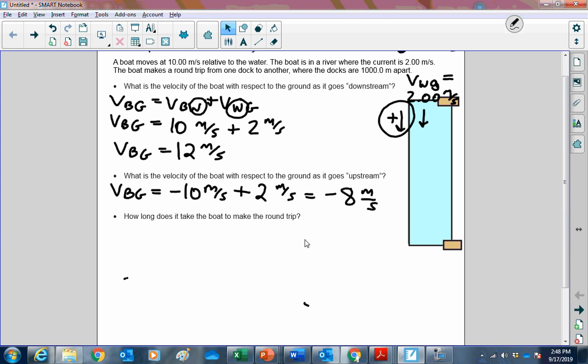When I do that, I'm going to take that distance and calculate the downstream part separately. So this should be a shorter time.